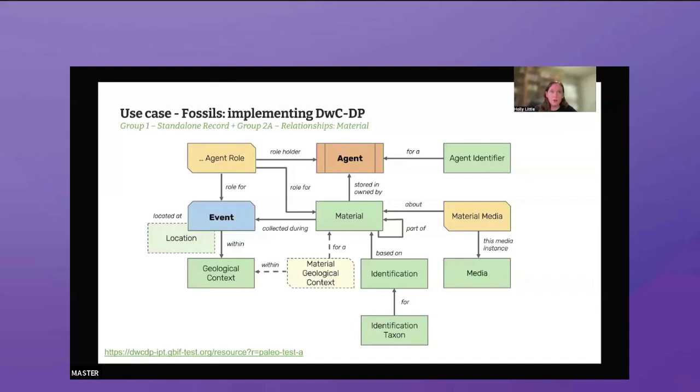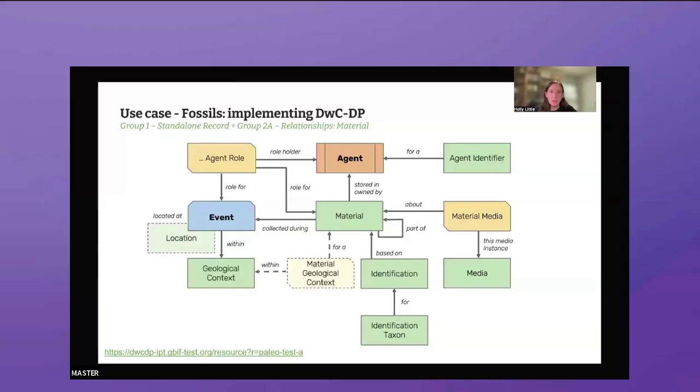There can be a lot of nuance in the relationships between collecting events and locations, with many-to-one relationships in either direction. Due to those nuances in the event and location data, there can be some variation in how to most clearly describe the geological context. This is addressed by having an ability to link geological context to either the event or directly to the material.